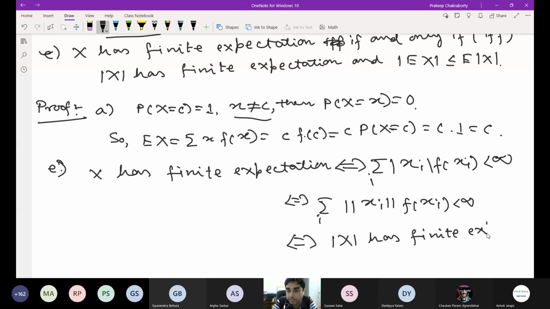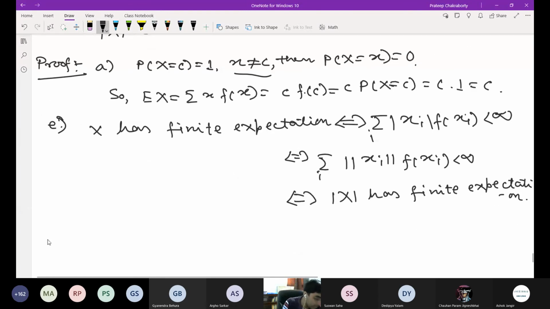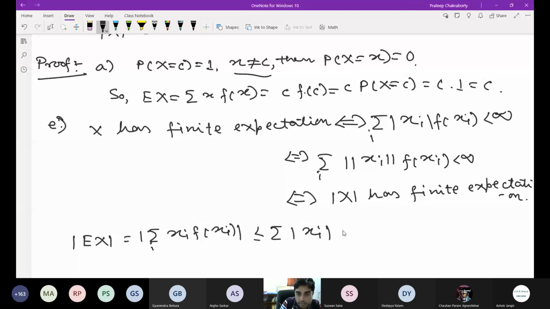So X has finite expectation implies and is implied by |X| having finite expectation. And what is E[X]? |E[X]| is equal to |summation xi f(xi)|, which is less than or equal to summation |xi| f(xi), which is the expectation of |X|. Okay, any questions?